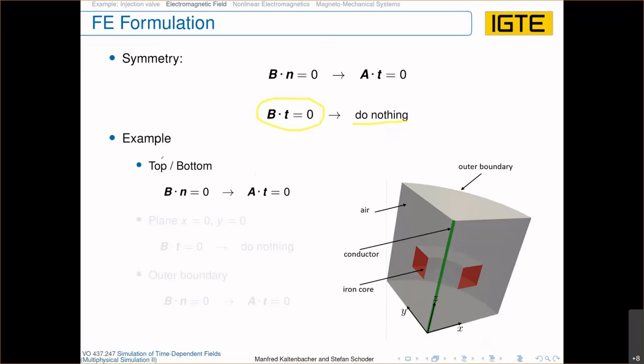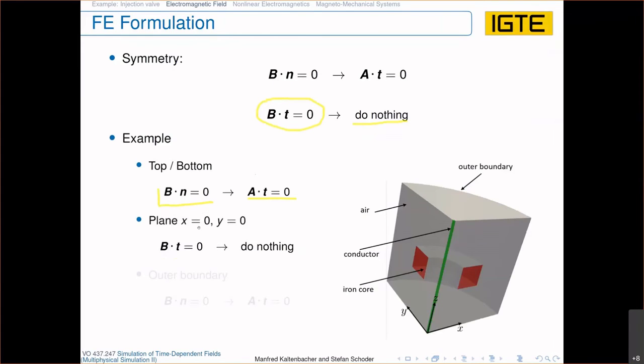Now at the top and the bottom, well, it is an outer boundary, and clearly we have to fulfill our standard boundary condition, which means we set all our edge degrees of freedom at these surfaces equal to 0 according to this relation here.